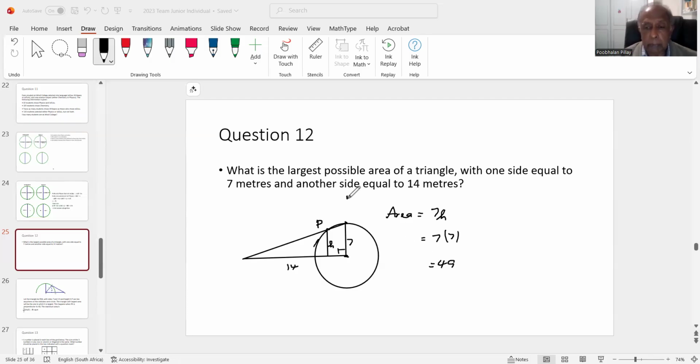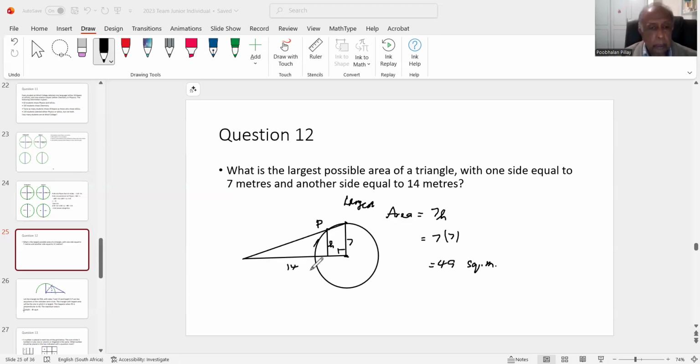So this is the largest area. Generally, the area is 7h, but the largest one is when h is equal to 7. The units are given, so it's square meters, square m.